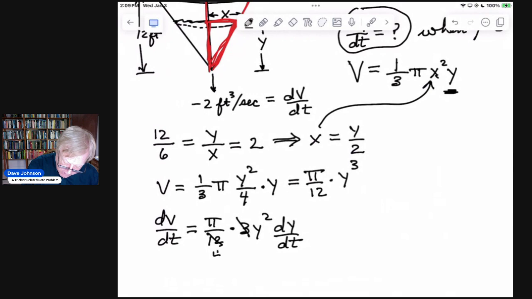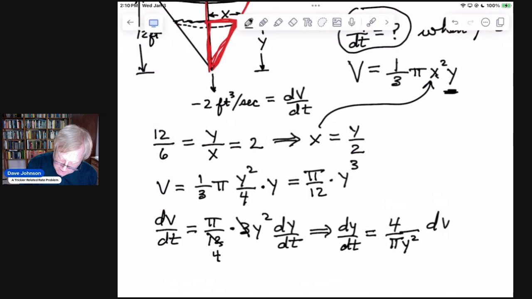So we get a 4 here that cancels with the 3. And let's go ahead and solve for dy/dt. So dy/dt is equal to, I need to remember to multiply both sides by the 4 and divide by pi and divide by the y squared. So 4 over pi y squared, and then times dV/dt.